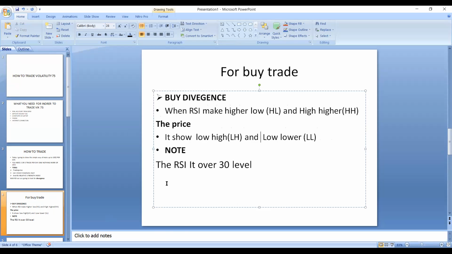Okay, this is the lower low. Lower high and lower low.